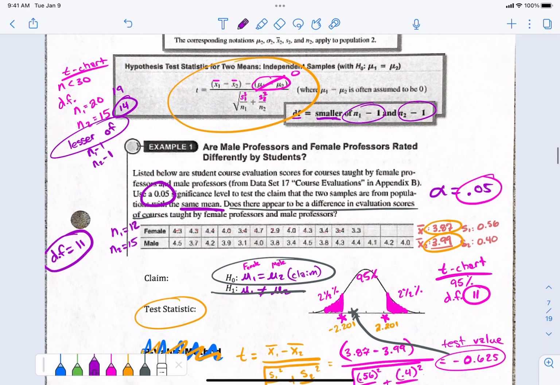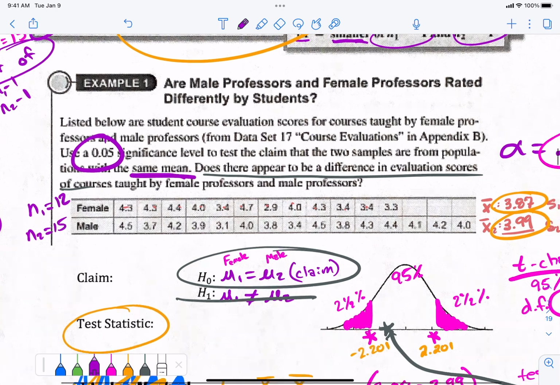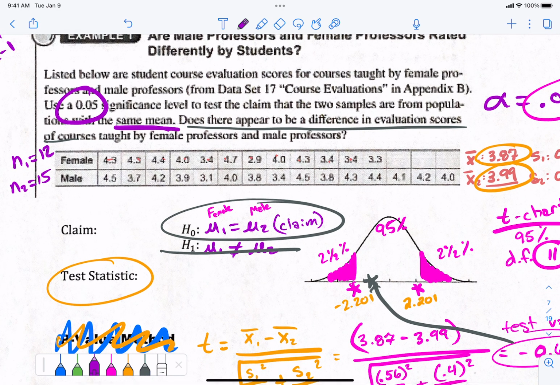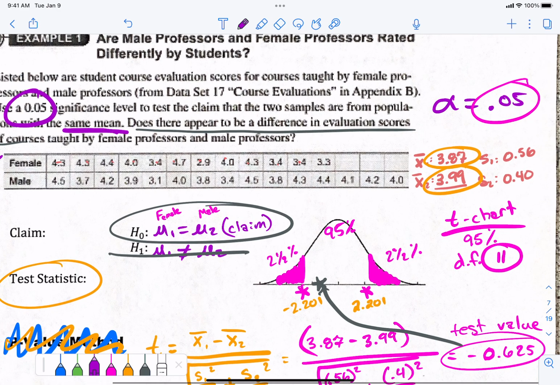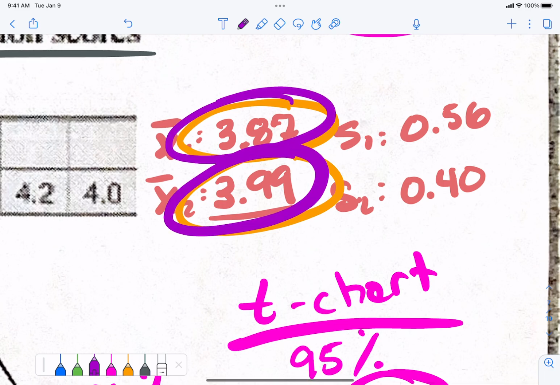And let's go back up to the first data set, example 1. We're talking about females and males, and we're asking, do females or males have higher course evaluations than the other, okay? From our data, if you remember from Thursday, the males were ranked slightly better than the females, right? Their average score was a 3.99. The average score for females was a 3.87.